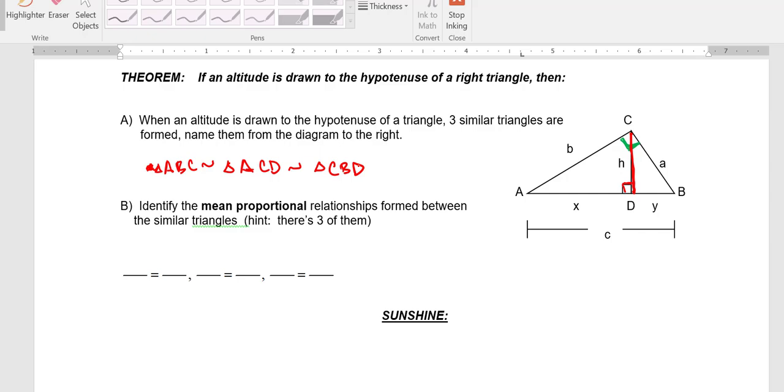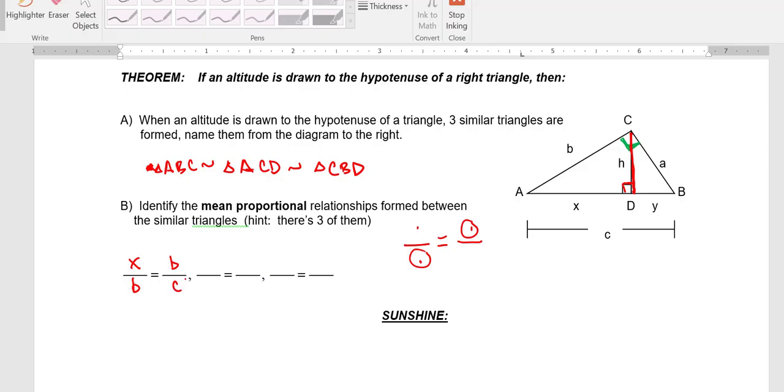Now, what we want to do here is identify the mean proportional relationships. So mean proportional is the same thing as geometric mean. So in other words, in this proportion, you have 4 spots, and you want to have these two be exactly the same. So if I look at this, one of them is going to be x over b is equal to b over c.